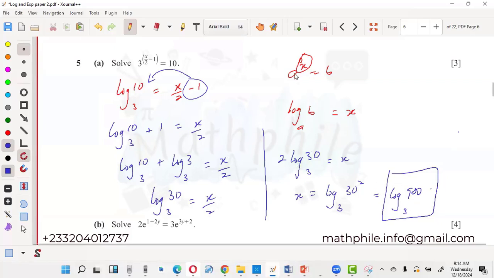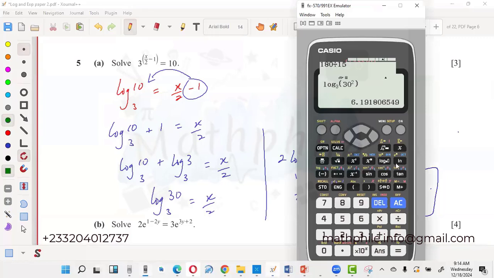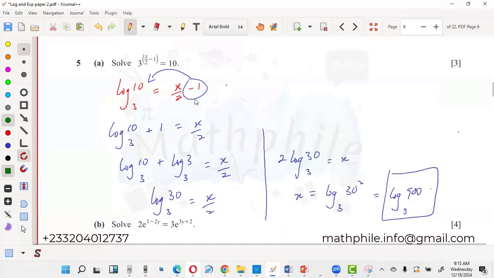But like I said, we could have gone through less stress by just typing this on the calculator. If I type log 10 base 3 in the calculator, then subtract 1, then multiply by 2. But because of the marks, you usually get all the marks.